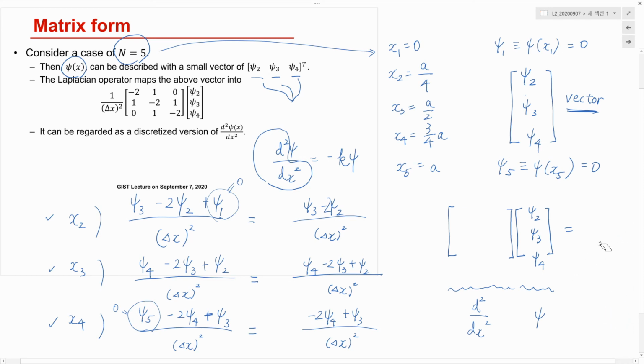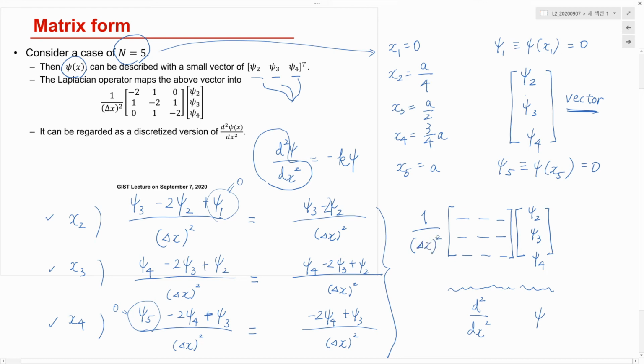Okay, now we wanted to fill this matrix. How does it look like? From these three forms for our Laplacian operator, we can generate this matrix form. So let me just write down the answer. Since we have here common factors 1 over delta x squared, I'll just put it in front of everything.